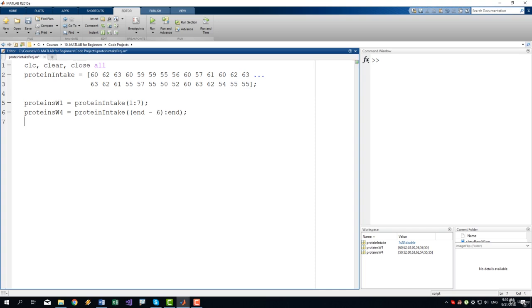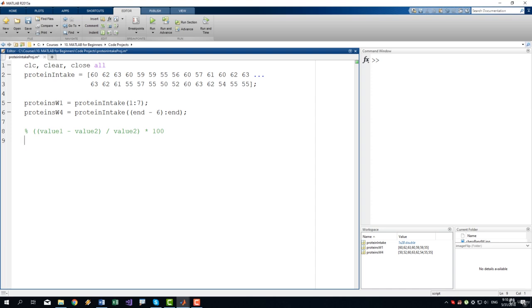Now let's compare these 2 weeks. We're going to use a simple formula for that. And this formula is value 1 minus value 2 divided by value 2 multiplied by 100. This will give us the percentage difference between the first week and the 4th week.